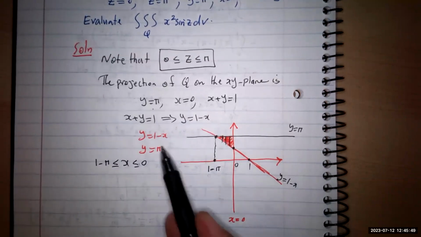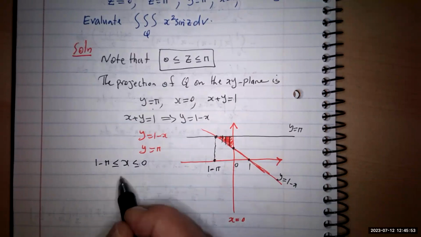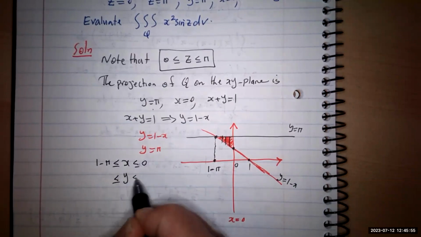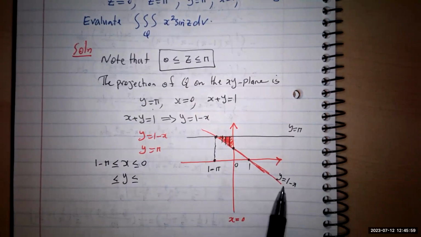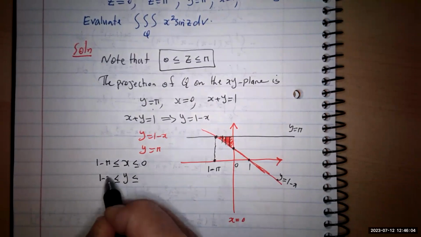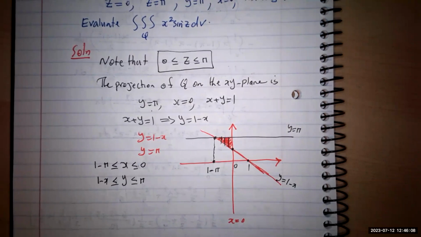And you have it here, you see. And your y is going to be, your y below is 1 minus x, okay? Below is 1 minus x, and the top is pi. So these are the limits of integration.